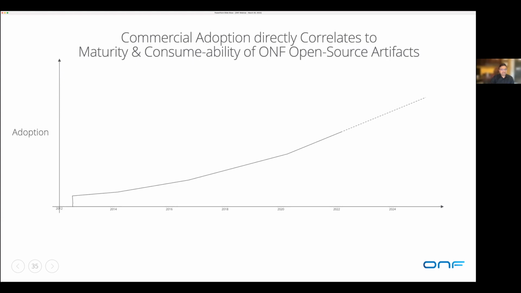While it is obvious that adoption picks up as the artifacts mature in capability and reliability, it was not as obvious when we started this journey that adoption would be proportional to the readiness of consumption of these artifacts and the completeness of the solution, including, as Oz described, the operationalization and the CI/CD capabilities. Next click, please.